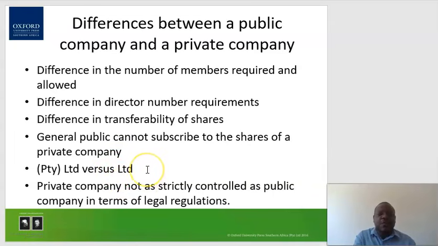There is no private. A private company is not strictly controlled as a public company in terms of legal regulations. Public companies are actually required to publish their financial statements. That is not the case with private companies.